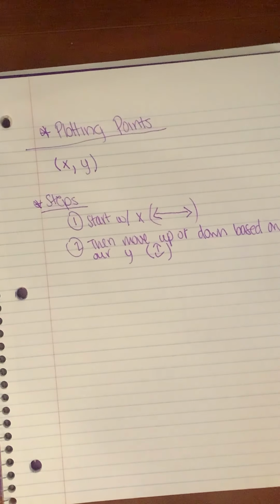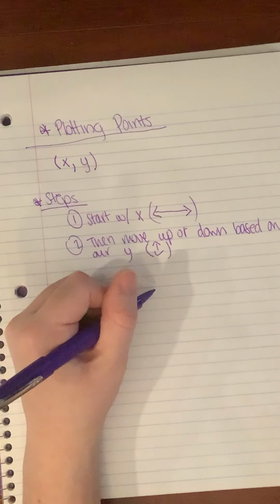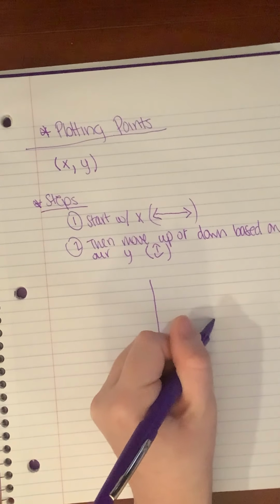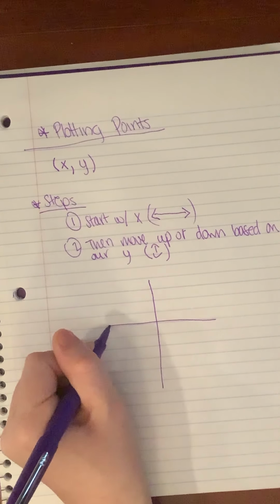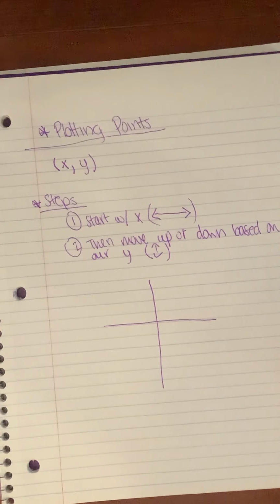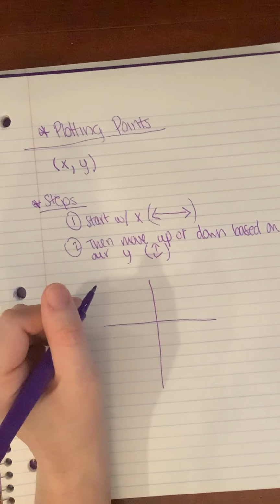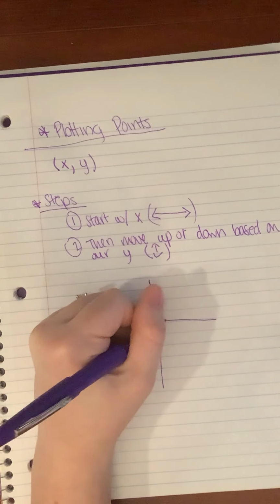All right, so let's see how that plays out. So again, let's go ahead and draw ourselves a graph. And whenever you guys are plotting points, your teachers will provide you a graph. So make sure you get that big plus sign that looks like our 4 quadrants. And we're going to quickly make an outline. So let's give our graph some numbers.